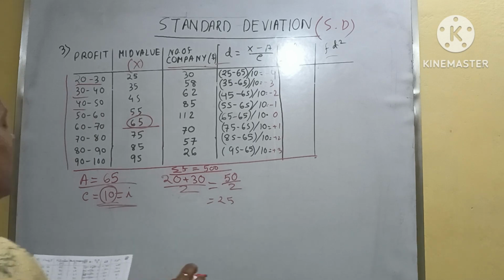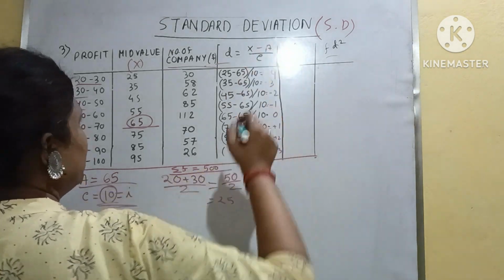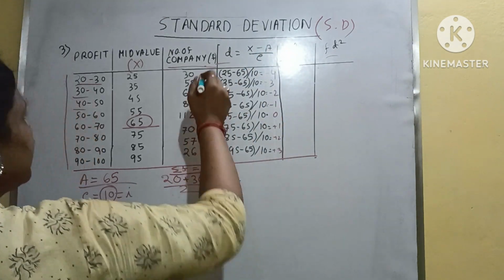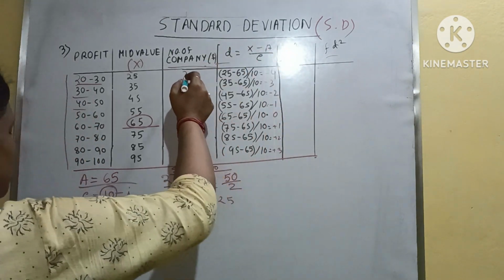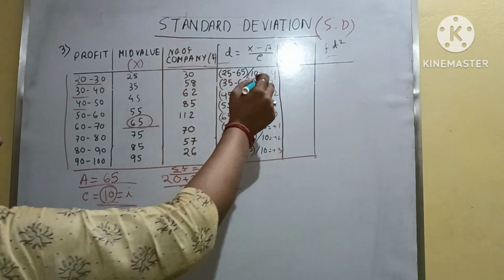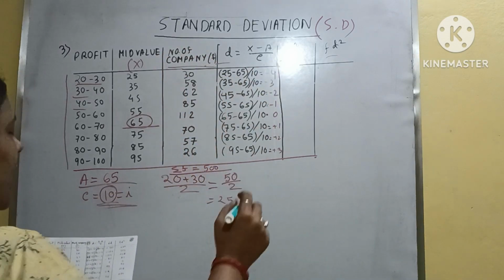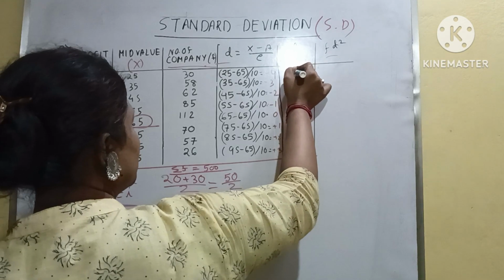Now we calculate the fd value. fd means multiplying f and d. Here f is 30 and d is minus 4, so the answer is minus 120.